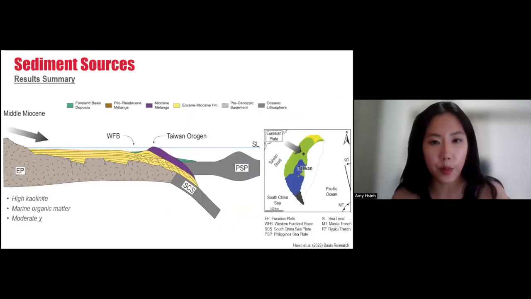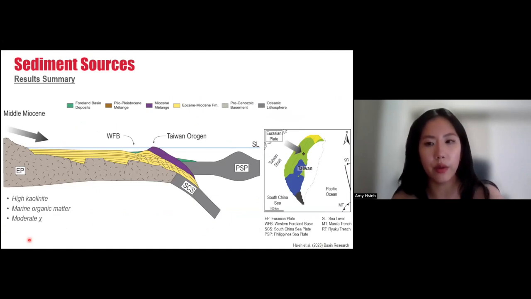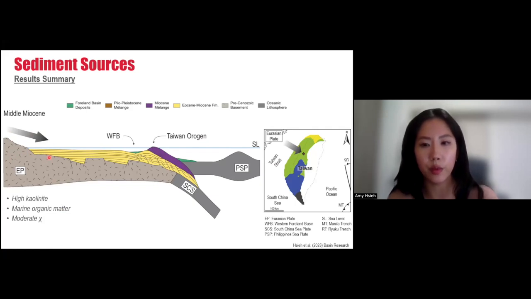Okay, so first, prior to the full emergence of Taiwan in the Middle Miocene, sediment delivered to the Western Foreland Basin was largely derived from the Eurasian continent. These sediments would have had higher proportions of kaolinite due to intensive chemical weathering, and a strong marine organic signature due to longer residence times in the ocean, which would increase the input of marine-derived organic material.